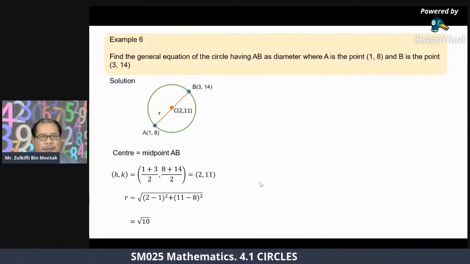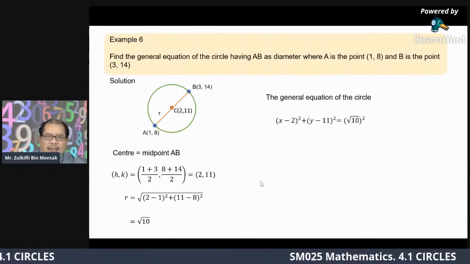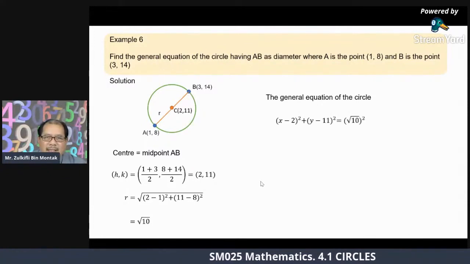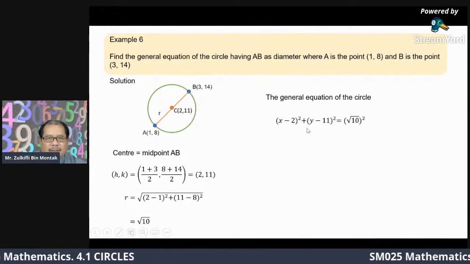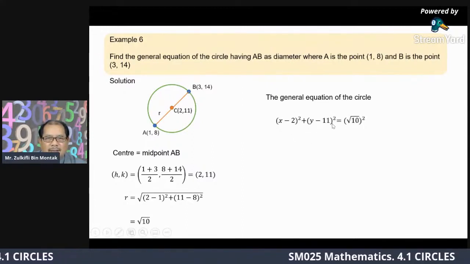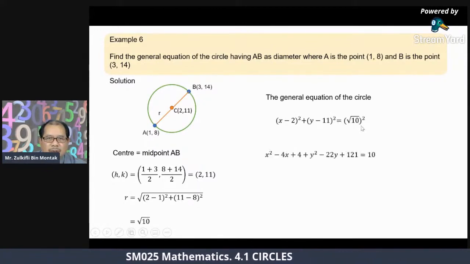So the general equation of the circle, with center, is x minus 2 squared plus y minus 11 squared equal to 10 squared.